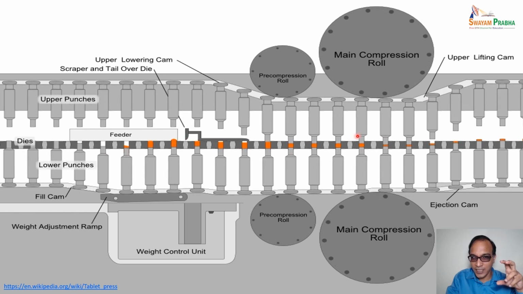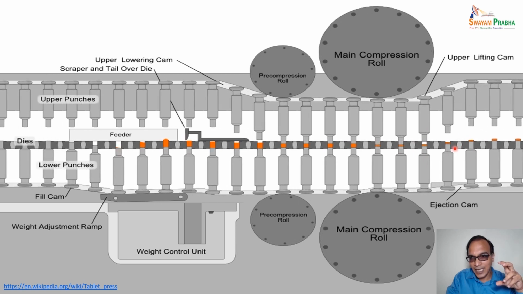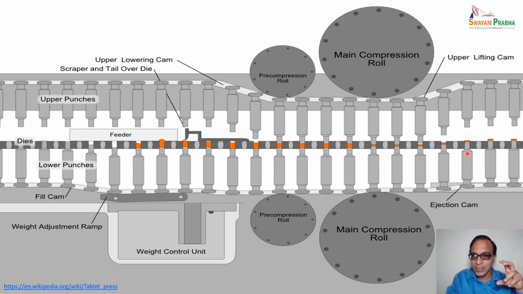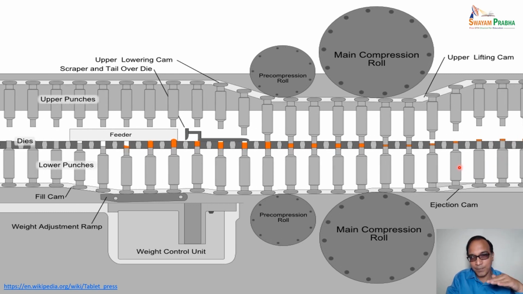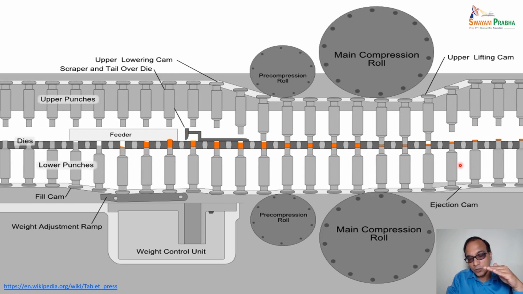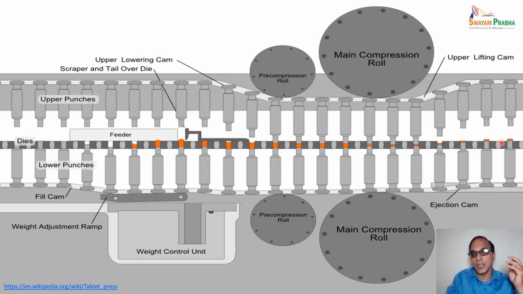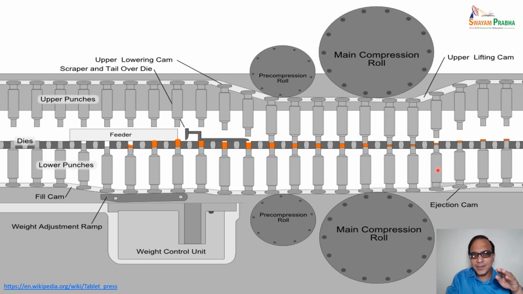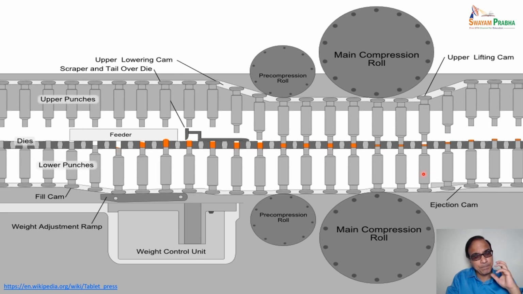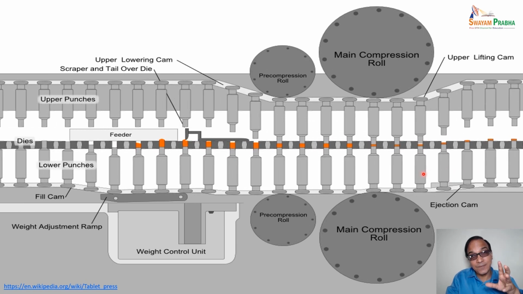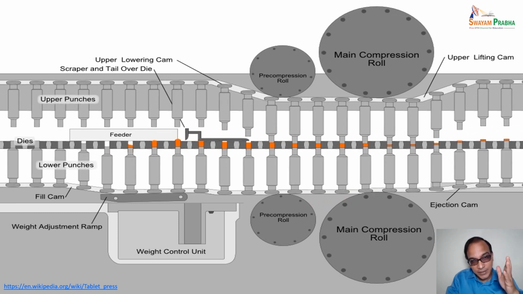This is where the final actual compression force is given, and then the upper punch goes back and the lower punch rises up and takes the tablet to the top, and it is ejected by a pushing device.